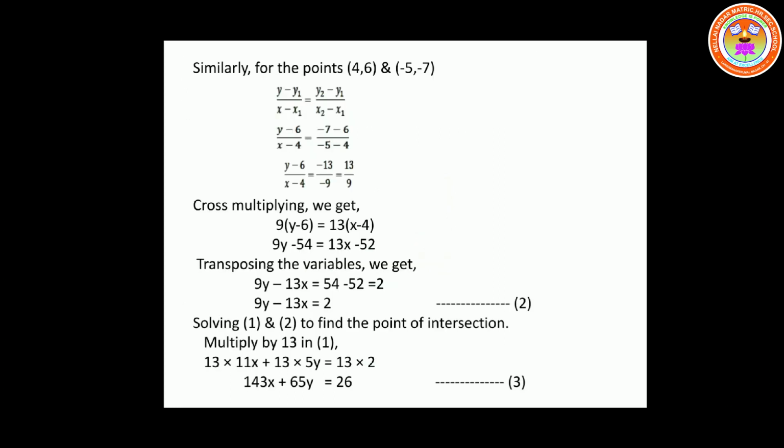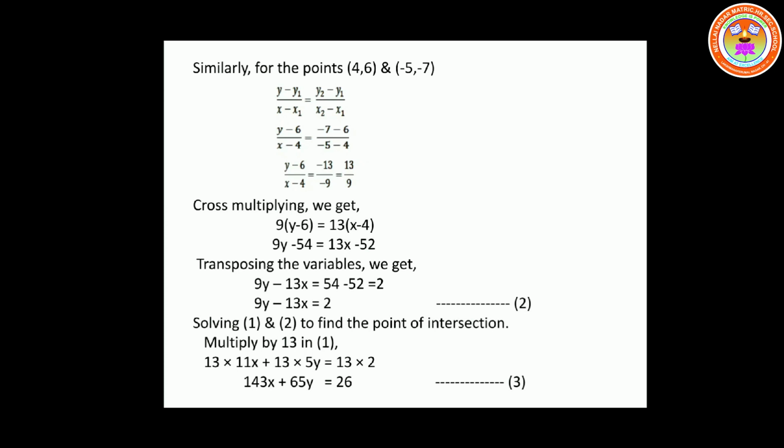Next, similarly I am going to take the other set of points (4, 6) and (-5, -7). The same way I am going to substitute the values as x1 y1, x2 y2 in the formula (y minus y1) by (x minus x1) equal to (y2 minus y1) by (x2 minus x1).